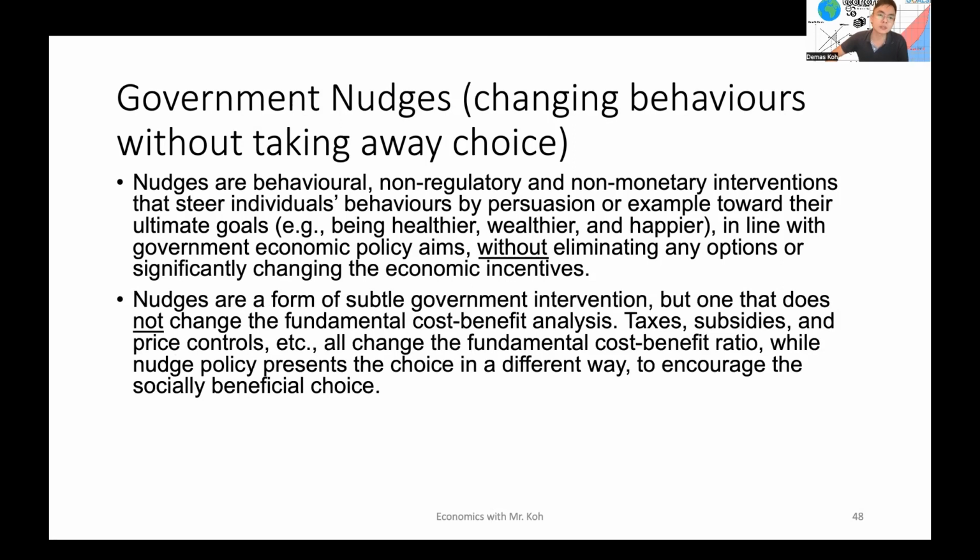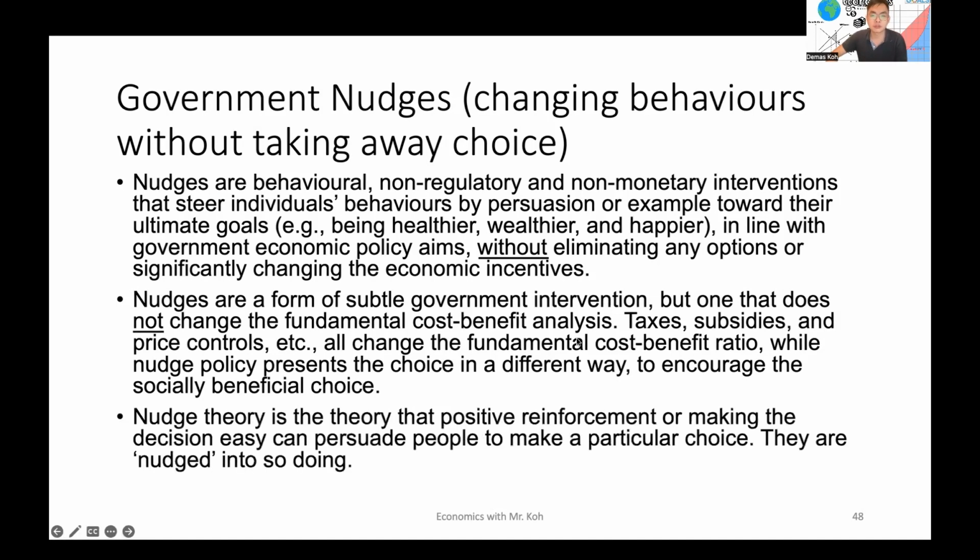Nudges are subtle. They don't change the fundamental cost-benefit analysis, right? Taxes, subsidies, and price controls, all of these fundamentally change the cost-benefit ratio, whilst nudge policy presents a choice in a different way to encourage the socially beneficial choice.